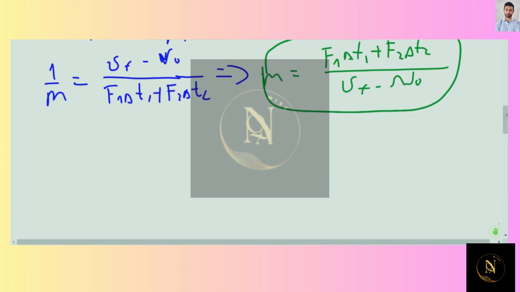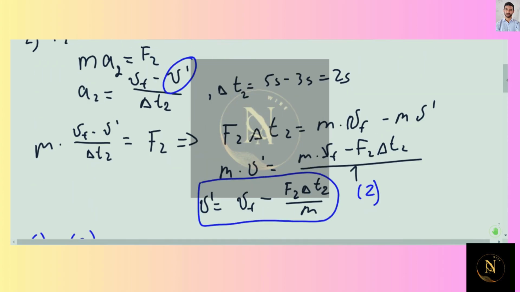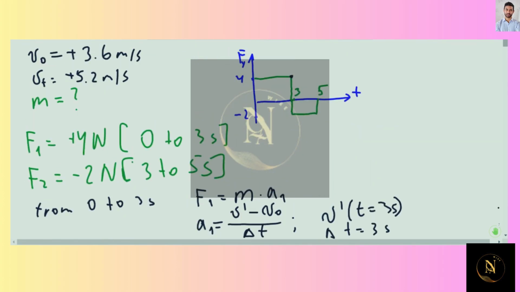Now let's complete the calculation. Mass equals, let me double check, F1 is 4 newtons.